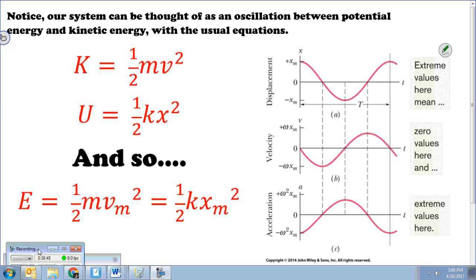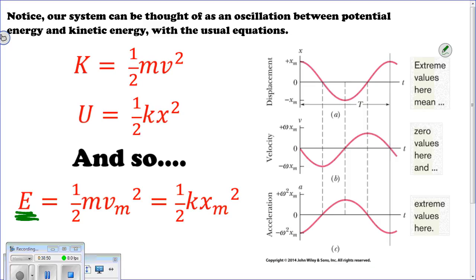And as a result, to find the energy in our system, you can either find the maximum kinetic energy, 1/2 m times maximum velocity squared, or you can do maximum elastic potential energy, 1/2 kx squared. Remember, 1/2 kx squared is the equation for elastic potential energy, and I'm finding the maximum by using my maximum displacement. And notice the squareds tell you it doesn't matter what direction it's moving.